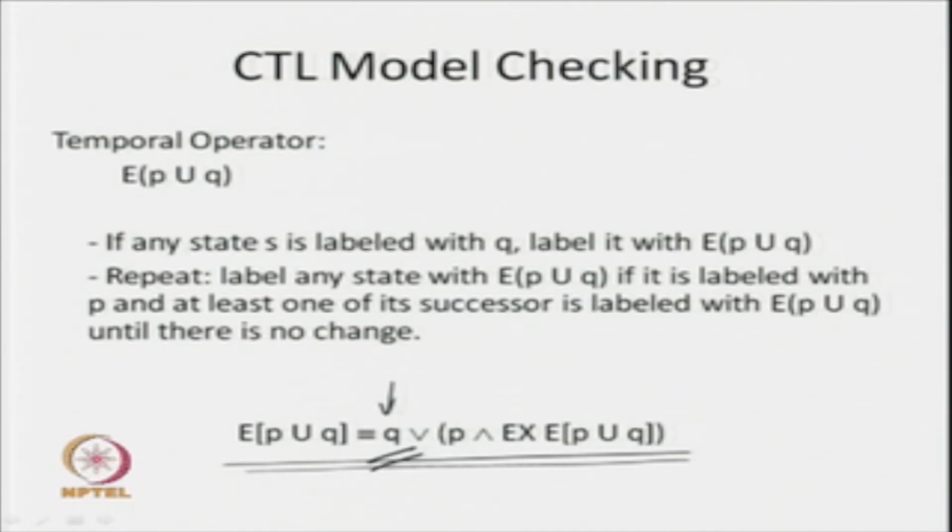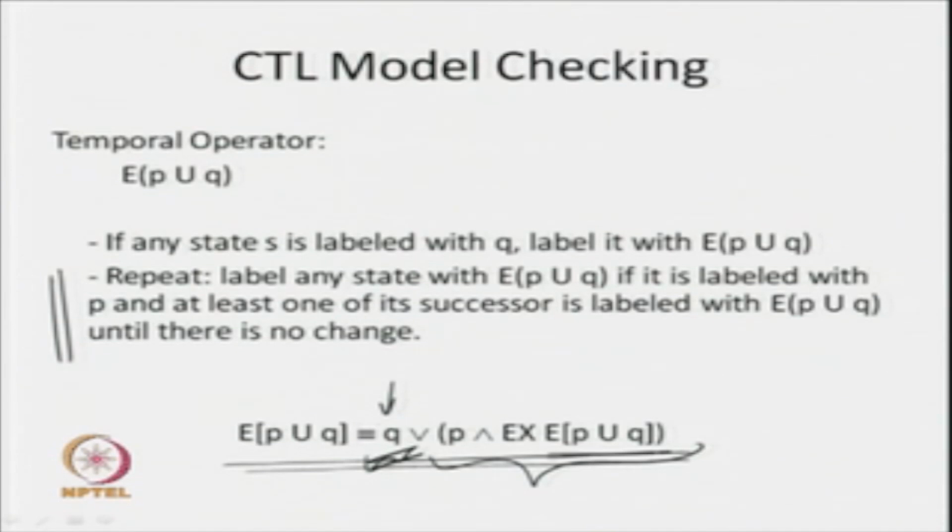If Q is true there, then we label the state; otherwise we have the second clause, the repeat one: P must be true in that state, and there exists a path where the next state is labeled with E[P until Q]. From this equivalence, we are developing this method.